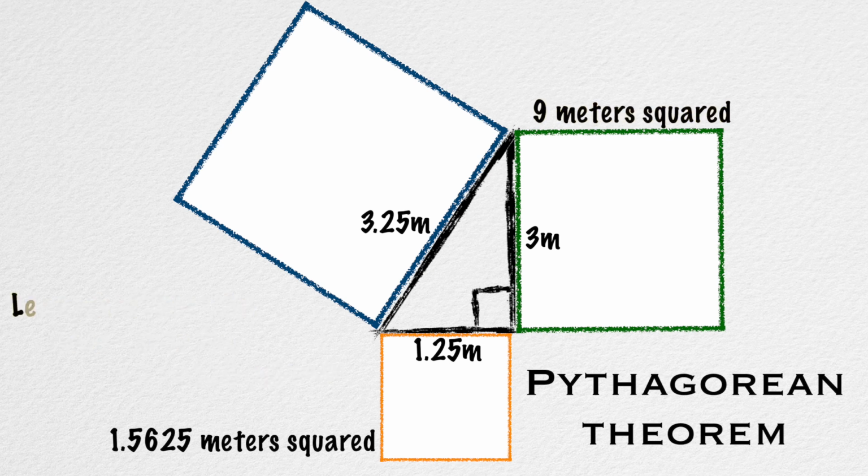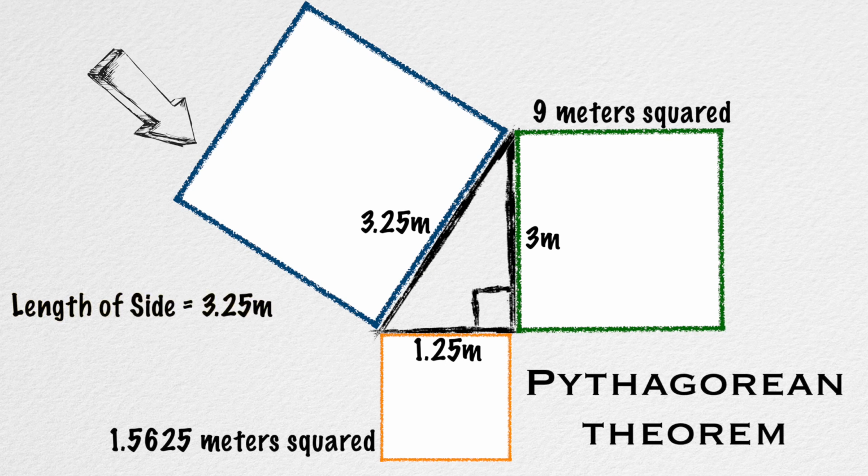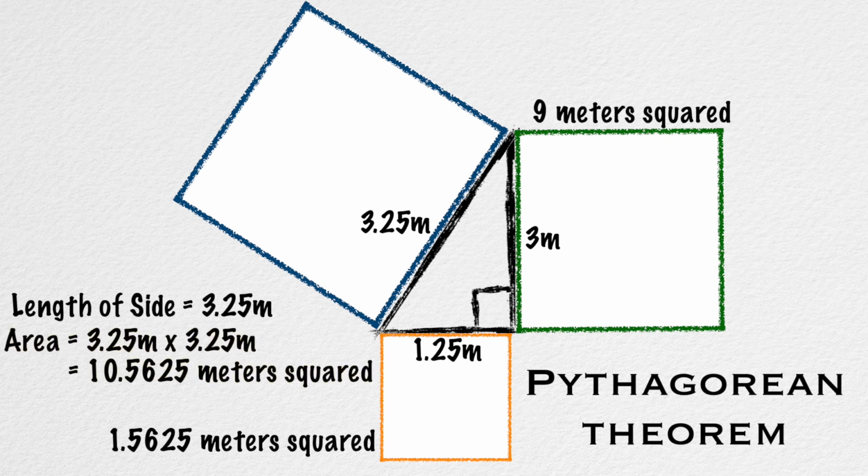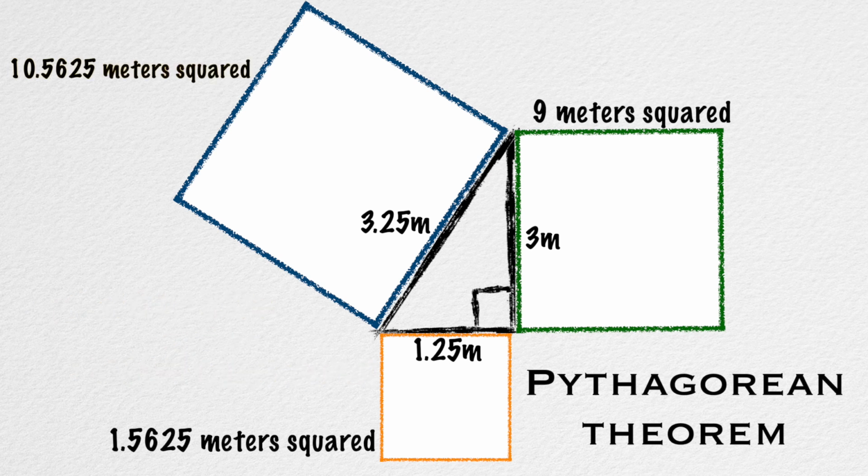Finally, the side length of this last square is 3.25. So, 3.25 times 3.25, which is equal to 10.5625 meters squared.